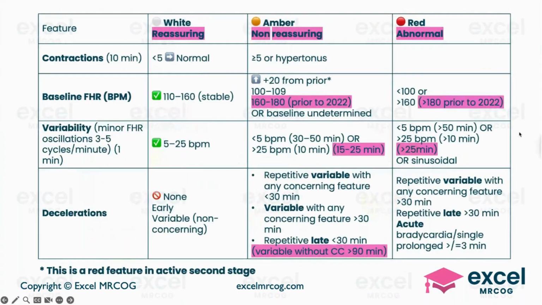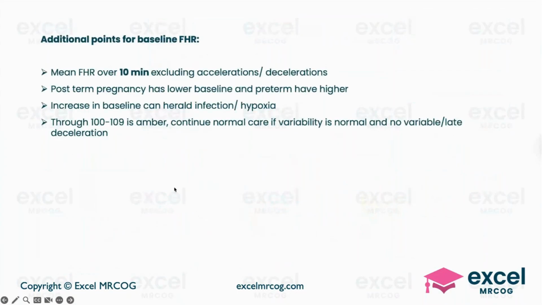Now, what is BR? Baseline, right? Okay, baseline rate. Now, the baseline rate, how is it calculated? It is the mean FHR over 10 minutes, excluding any accelerations, decelerations.